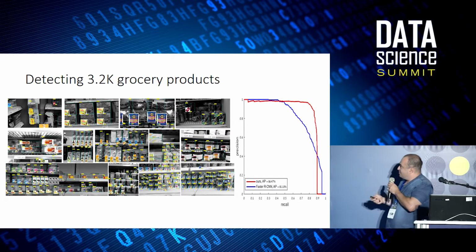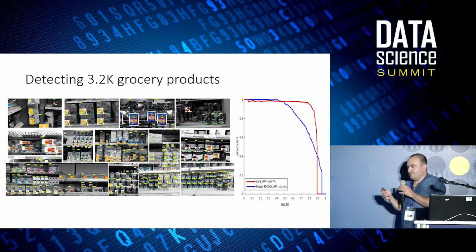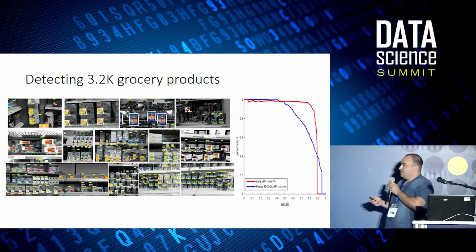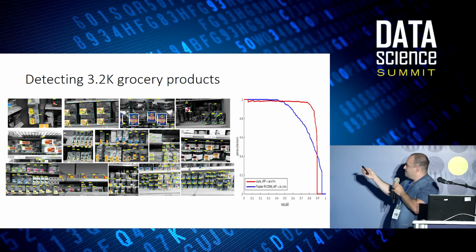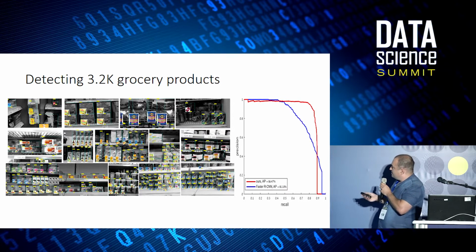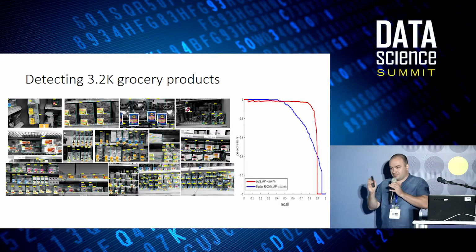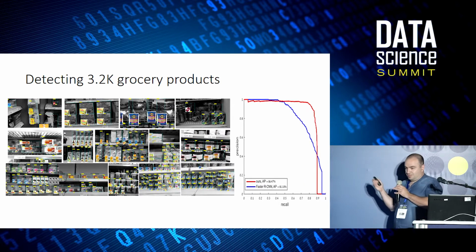And I promised you from before some comparison to the established methods. So of course, you can't train Faster R-CNN on one example per class, but you can do something. In this particular data set with 3,000 product categories, those categories can be grouped together into 20-something classes, like yogurts, bottles, stuff like that. And then you can try to train Faster R-CNN.